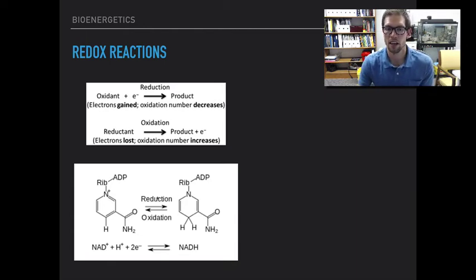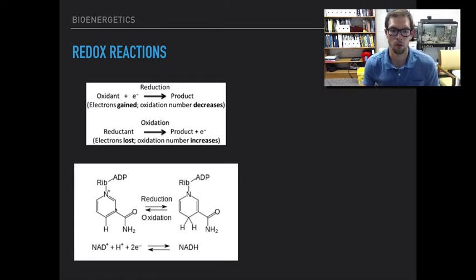One of the major molecules that we see with redox reactions is NAD+ and NADH. So NAD+ over here on the left can accept electrons, and when it accepts them, it becomes reduced to NADH. This molecule can then move around in the cell and eventually give these electrons to another molecule, and when it does that, it gets oxidized back into NAD+.